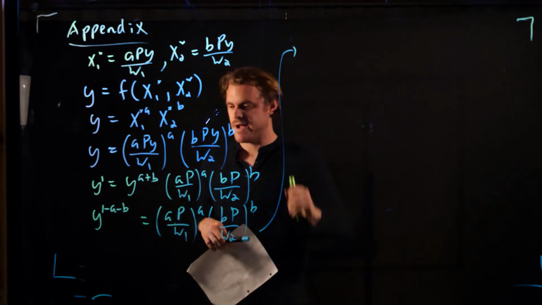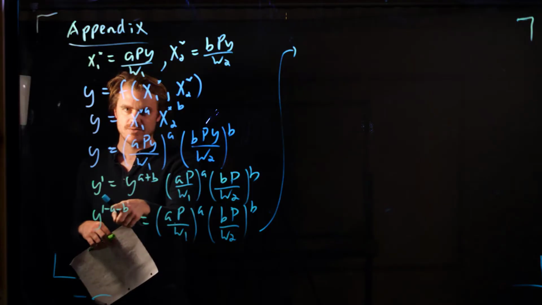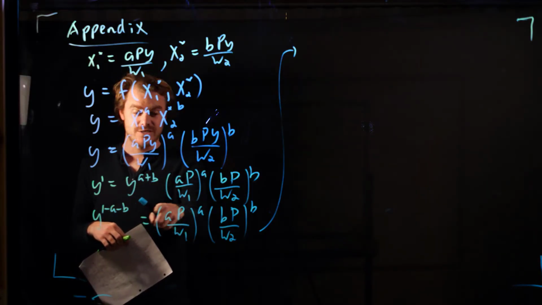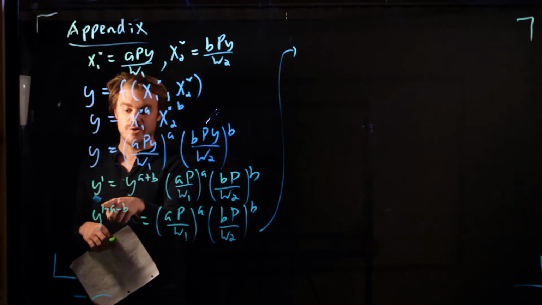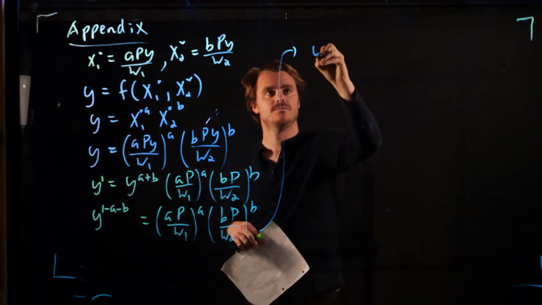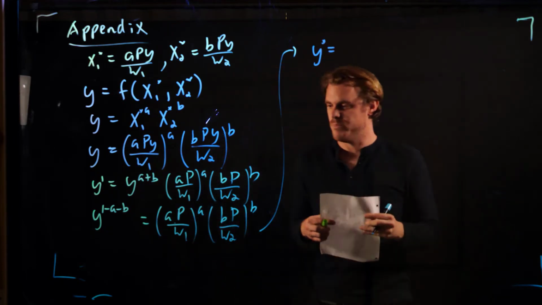Let's work our way back up here. And now we want to isolate for Y. So it's Y to the 1 minus A minus B. And so if we took everything on the right-hand side to the exponent 1 over 1 minus A minus B, we'd get rid of this. I'm just going to put a star on it to show us the optimal amount.